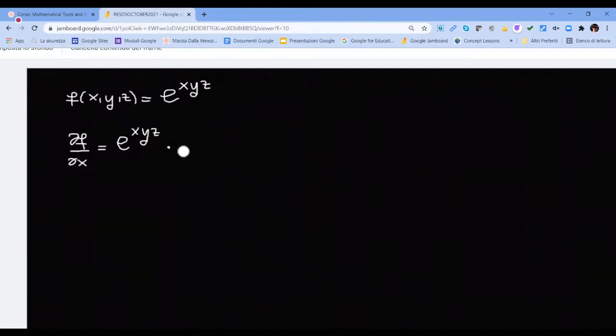And then we multiply it by the derivative of xyz. xyz is a product, that means it is, with respect to x, a product of x times something that is a constant. That means the result will be y times z. Maybe I write it: yz prime. It is yz with respect to x.